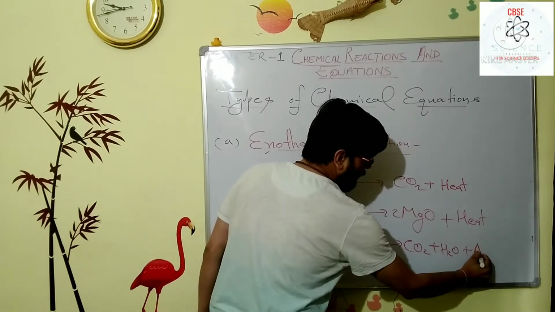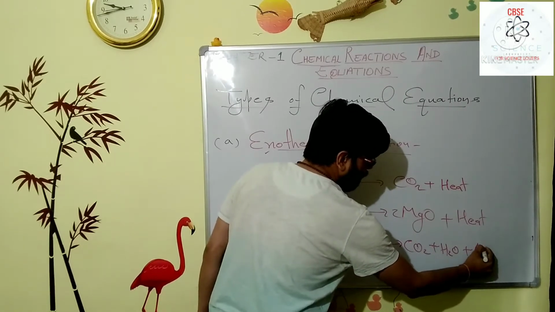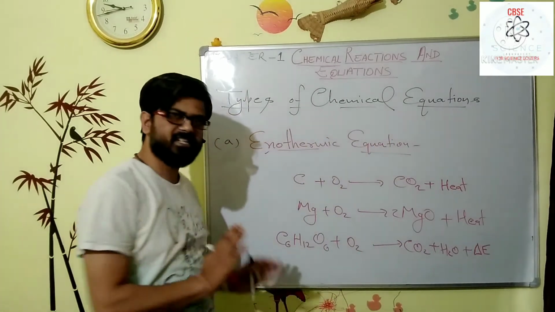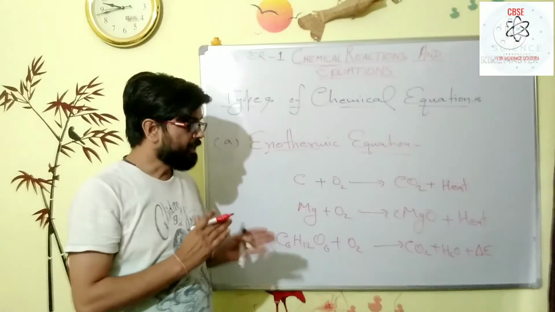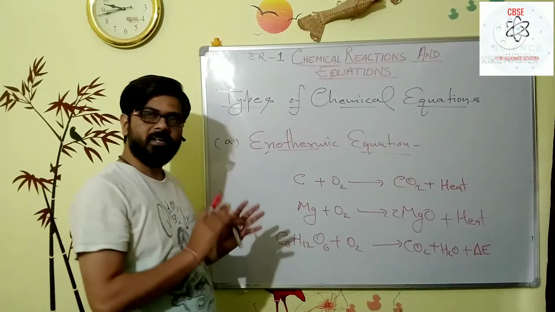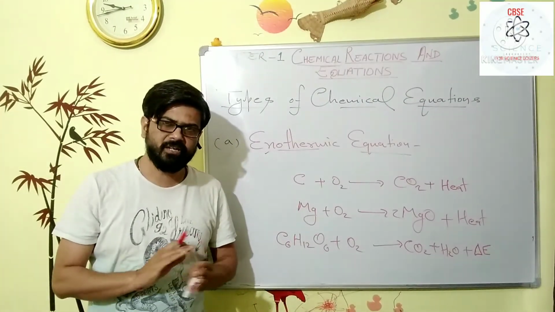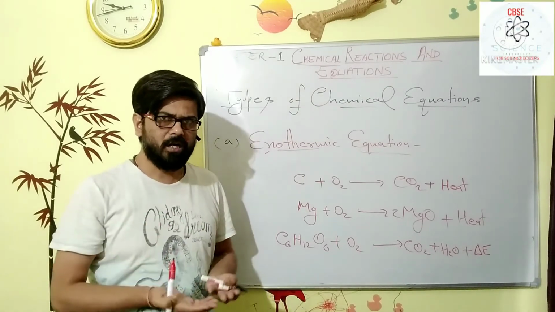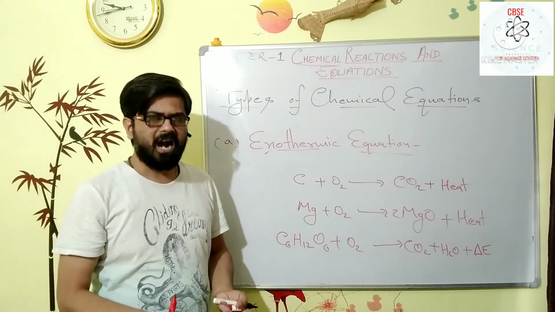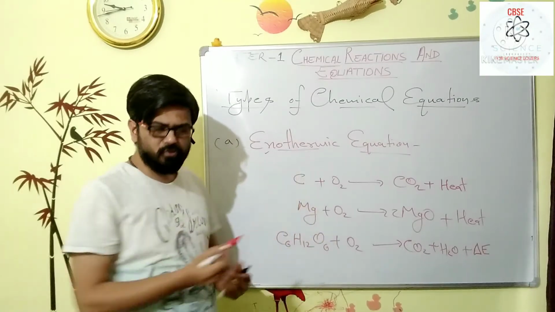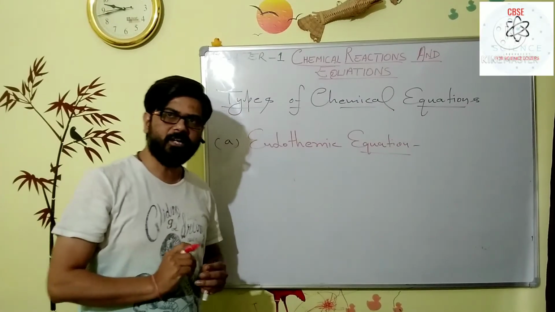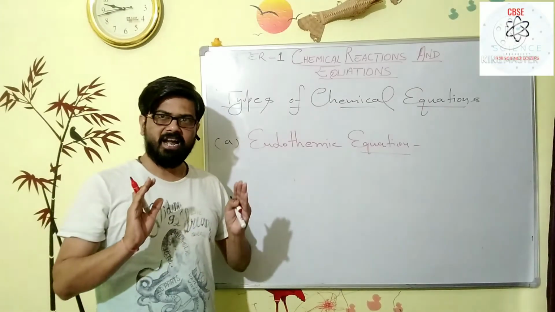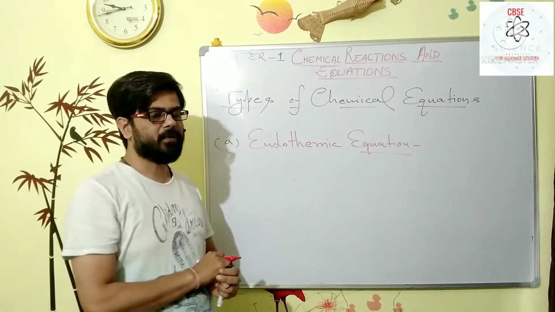We also show the energy like that, with a positive sign toward the product side, delta E. That is also one representation of the energy liberation. My dear students, the chemical reactions during which energy is evolved or released are said to be exothermic chemical reactions. Another type of chemical equation, my dear students, is the endothermic chemical equations.